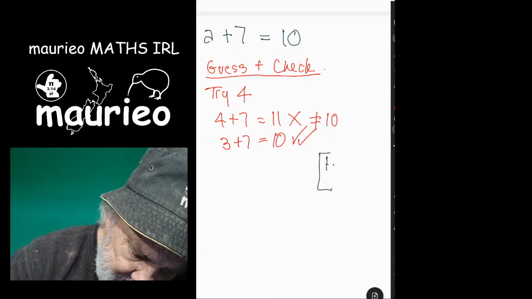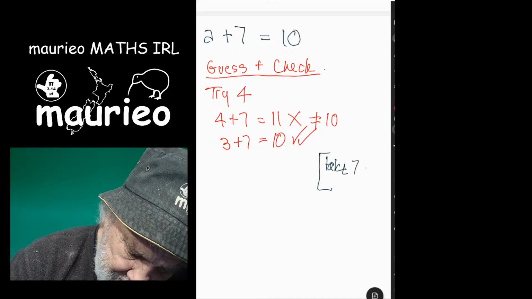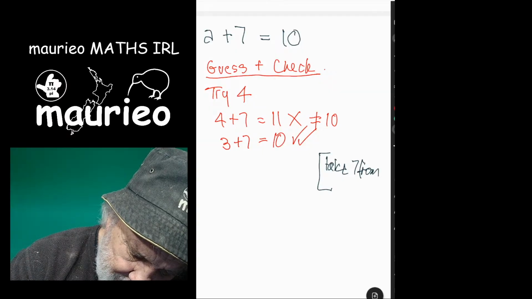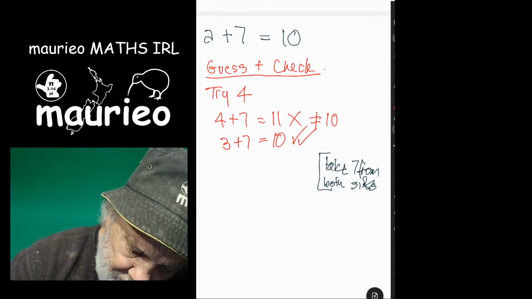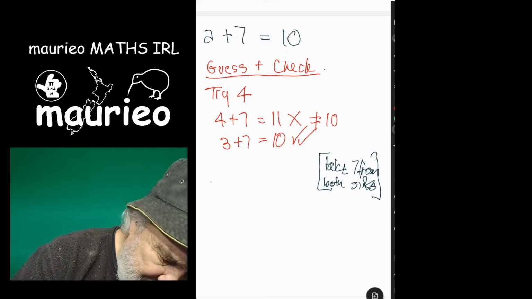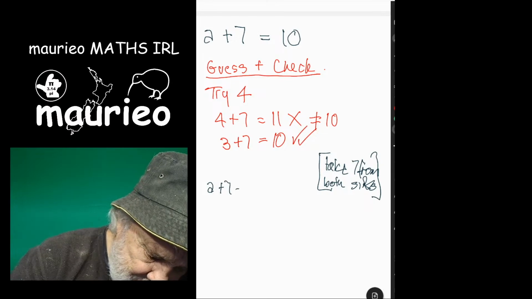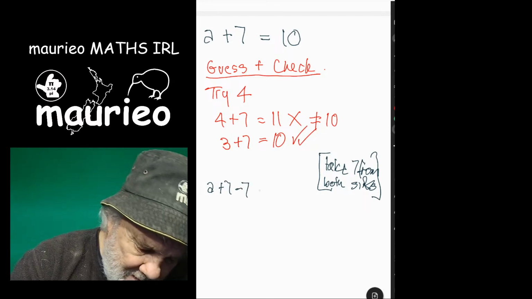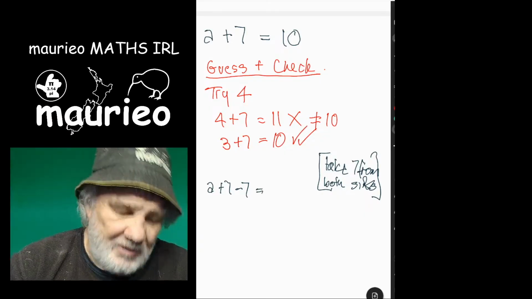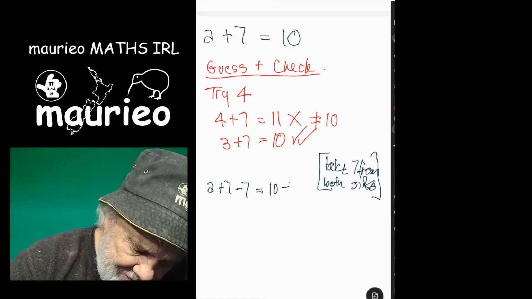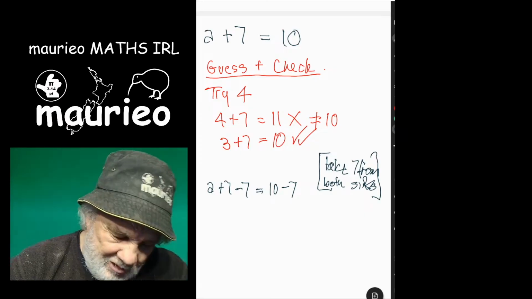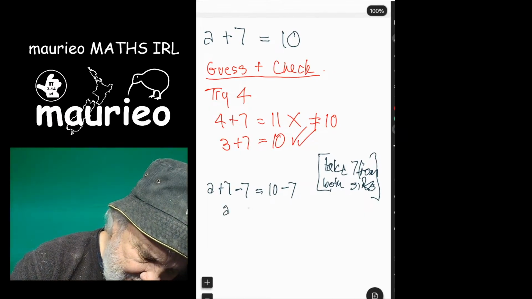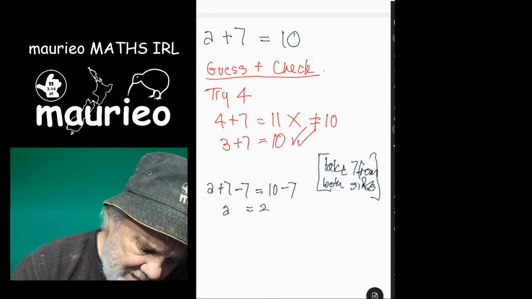We can say A plus 7 minus 7, and what we do to one side, we must do to the other, equals 10 minus 7. So we get A plus 7 minus 7, that leaves 0. So that's A, and 10 minus 7 is 3. A equals 3.